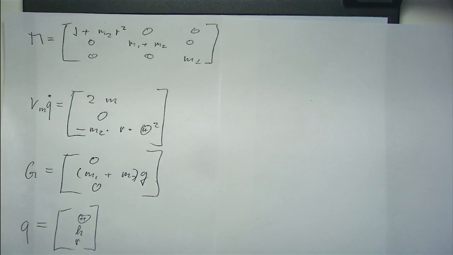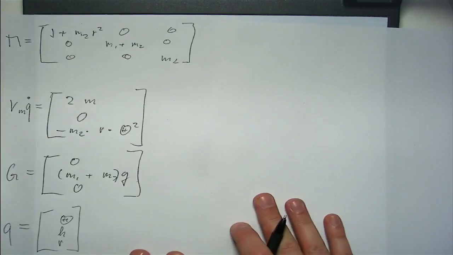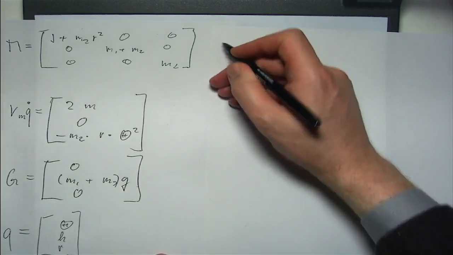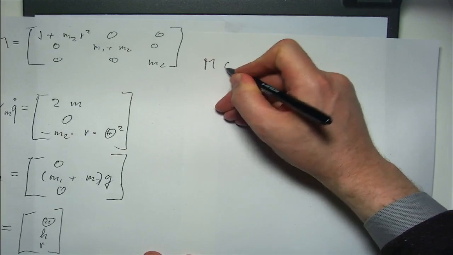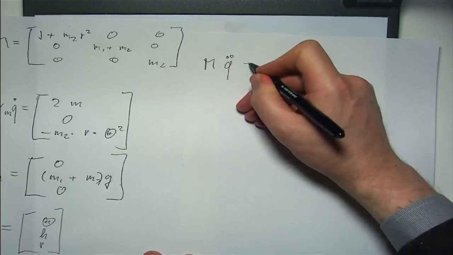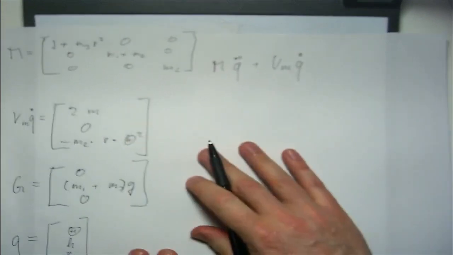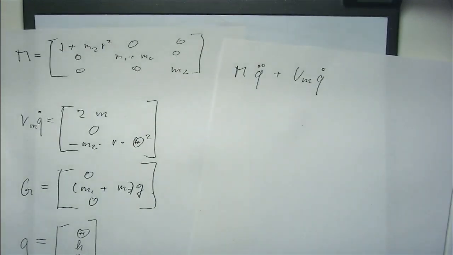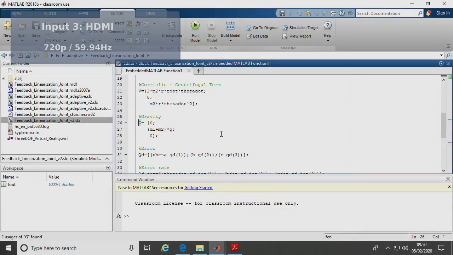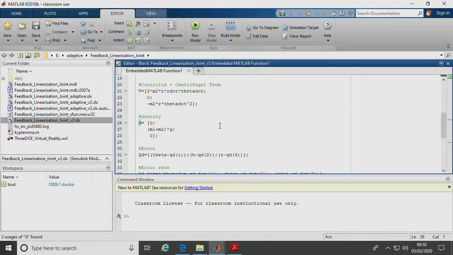I will upload this at some point, at the latest by the end of the week, possibly tomorrow. So effectively, what we have here is M(q) q double dot plus V_m(q, q dot) q dot. Oops, sorry, there's the 2m r dot, and then we have theta dot. Sorry for that.